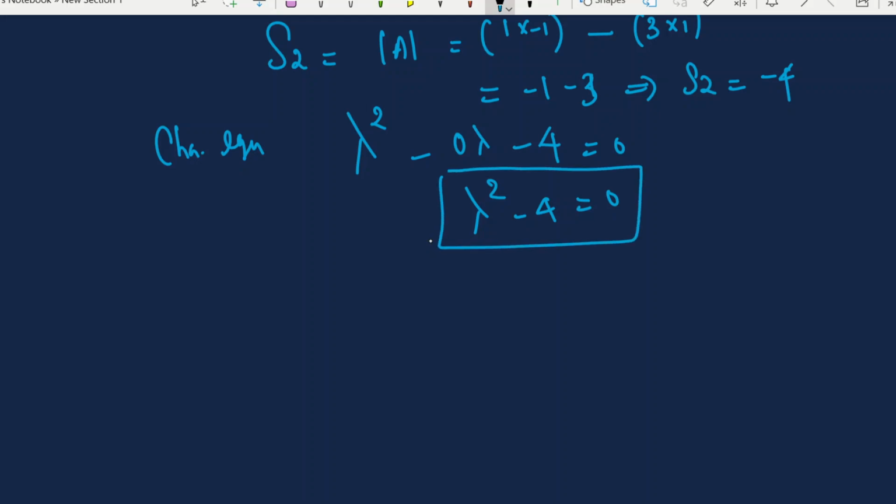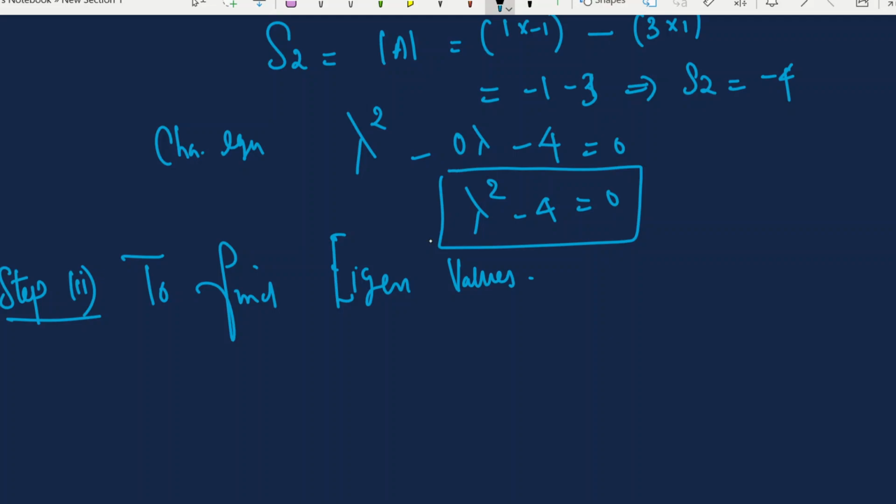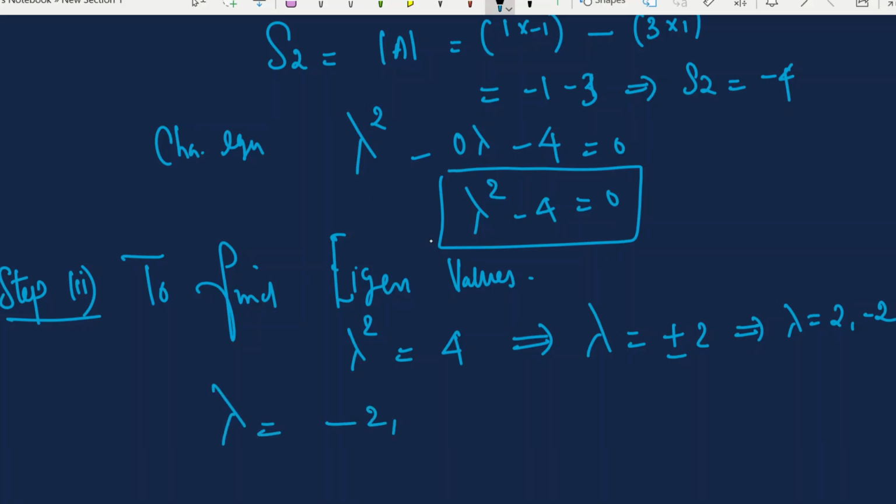Next we have to solve this characteristic equation to find the eigenvalues. Lambda square equals 4, lambda equals plus or minus 2, that is lambda equals plus 2 and minus 2. It is always better to write our eigenvalues in ascending order. Lambda equals negative 2 and positive 2.